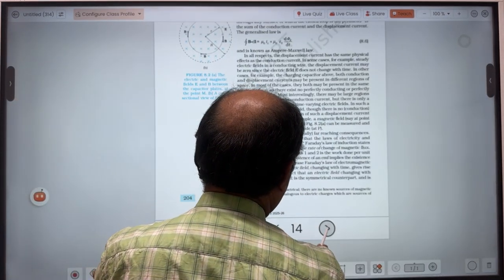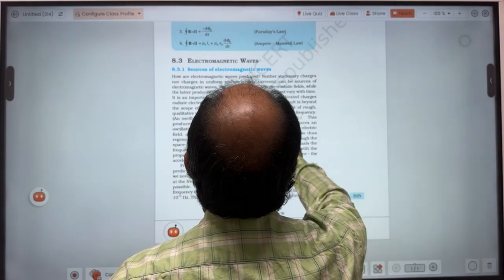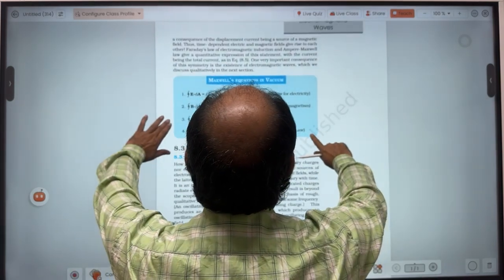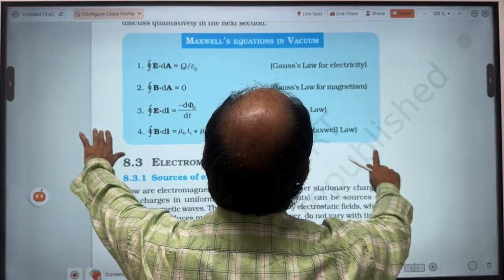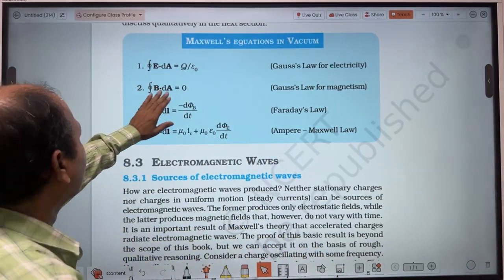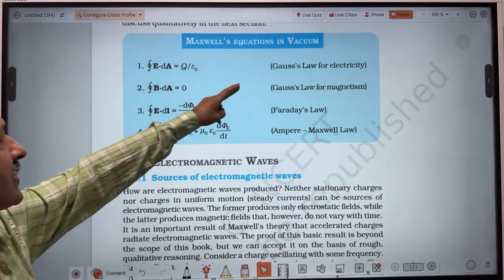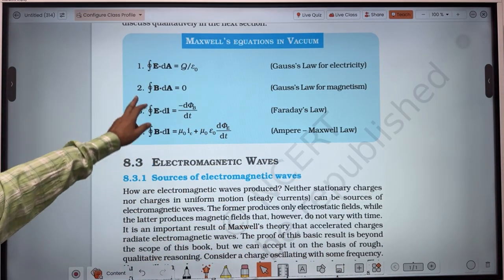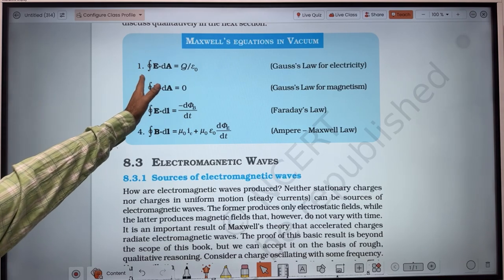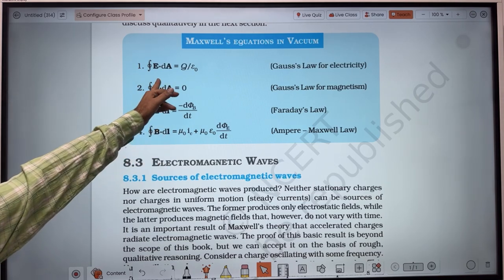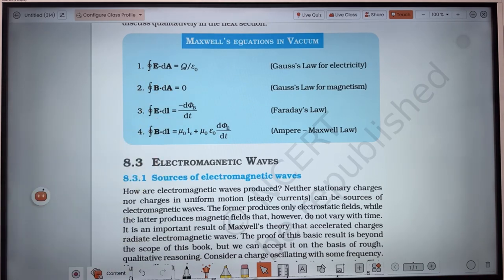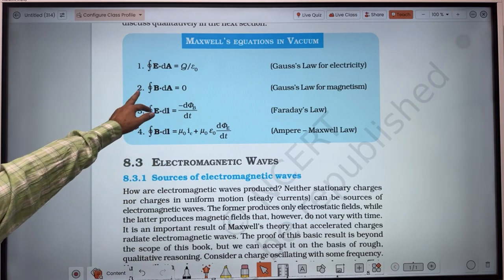Now let's see further. Here some important results are written. This is Gauss law of electricity that you have studied, that integration E dot dA gives Q upon epsilon naught, that is a measure of flux.